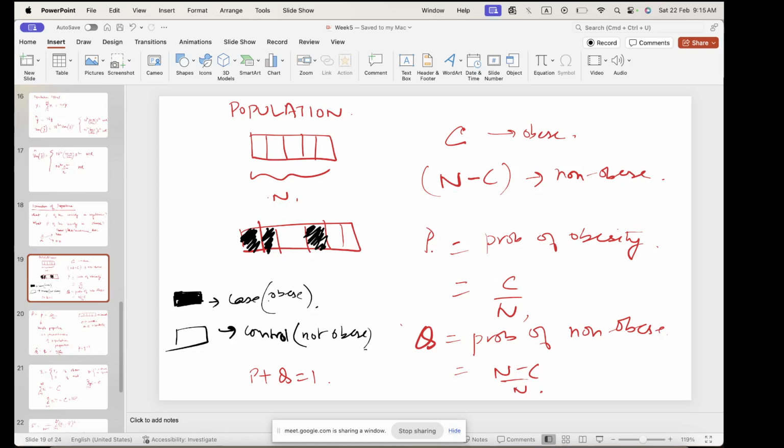So then my probability of obesity, the true population probability, had I been able to ask each and every individual, would have been capital C by capital N. And the proportion of people who are not obese would have been capital N minus C by capital N.